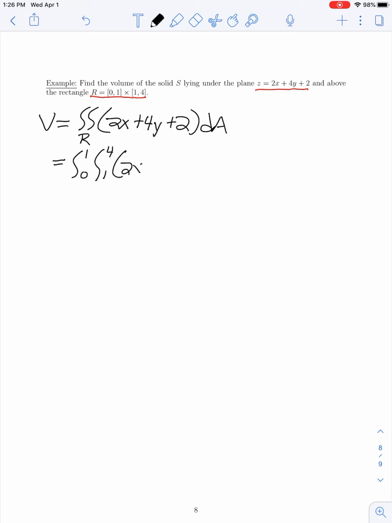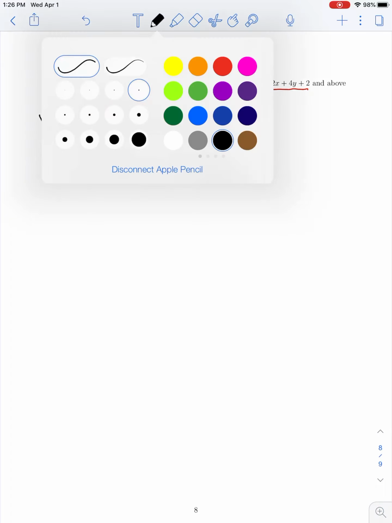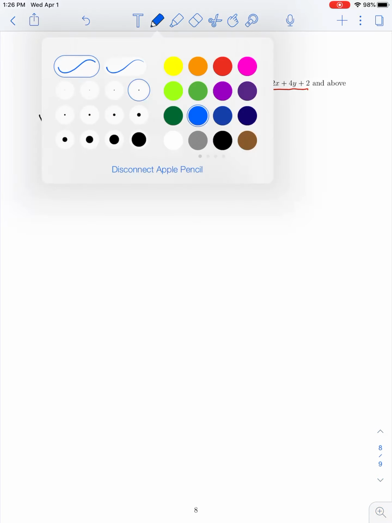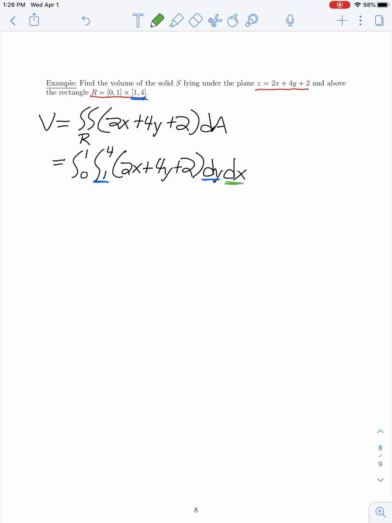Now, to do this, we could use an iterated integral. I've got a couple of choices. I could either integrate with respect to y first, so we would have the integral from 0 to 1 and from 1 to 4 of 2x plus 4y plus 2 in the order dy dx. Here, if we're integrating first with respect to y, the range of our y values was from 1 to 4, so that's the region we use for that inner integral.